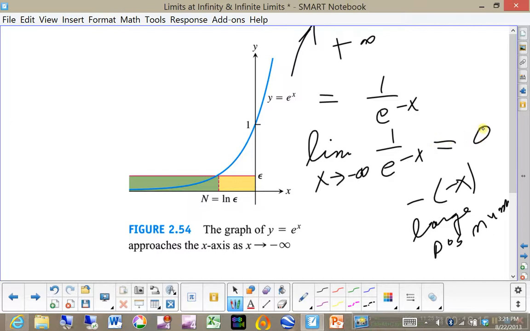So the horizontal asymptote is going to be y equals 0.